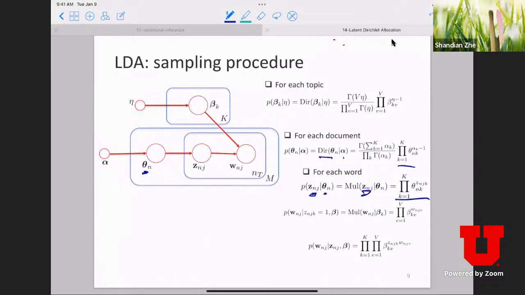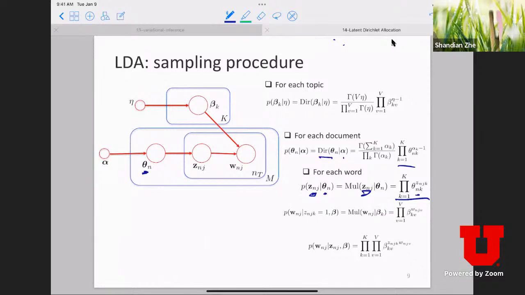So if z_njk is 0, then you're just multiplying by 1 here, and only the index which has z_njk equal to 1 contributes the probability corresponding to theta_nk. This is how we represent the probability of a categorical distribution.